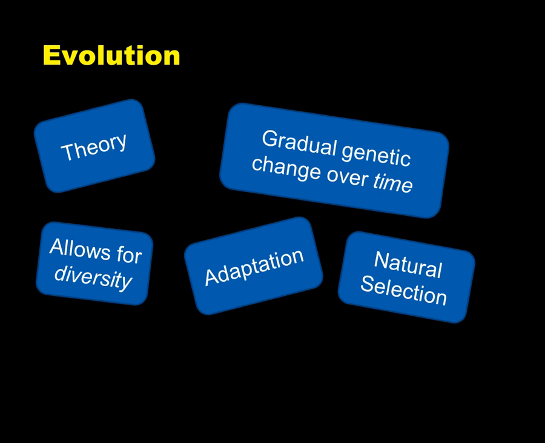Evolution is dependent upon this concept of natural selection. It's not the only thing, but it's an important driver for evolution. We'll give some additional detail when we get there at the end of the semester. But during natural selection, those organisms that are naturally selected are better adapted to their environment.